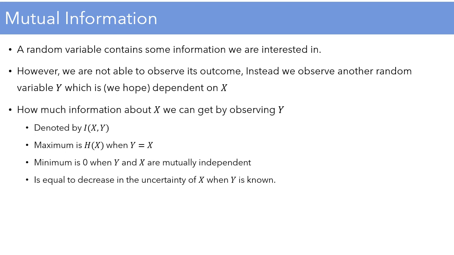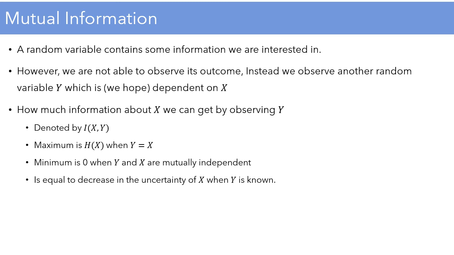So we denote this by I(x, y), and there are two things we can observe directly even without going to the details of it. If y is equal to x, which means we know everything about x, so knowing y, we know about x. So the mutual information, which is the information in y about x, is the complete information about x.